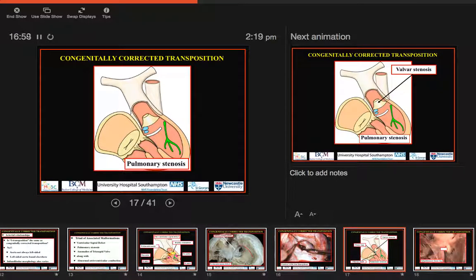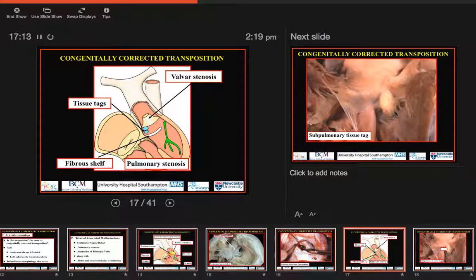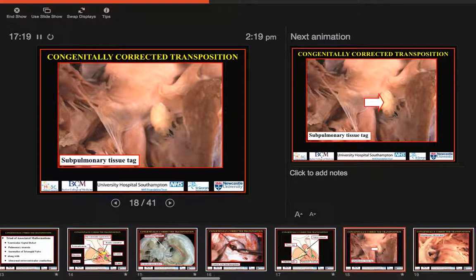Pulmonary stenosis. Anything can produce pulmonary stenosis that in the normal heart would produce aortic stenosis. So it can be valvar, we can have a subvalvar fibrous shelf, and particularly in congenitally corrected transposition, we can find tissue tags.